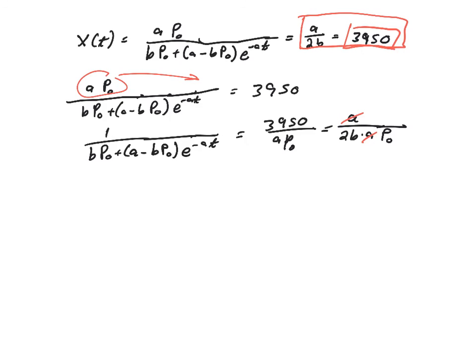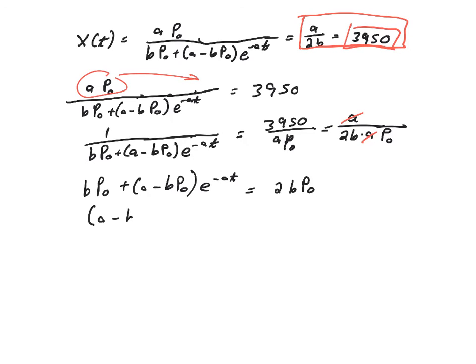So now I'm going to take the reciprocal of both sides. So I have B P naught plus A minus B P naught e to the negative AT is just going to be equal to 2B P naught. Then I'm going to subtract off B P naught from both sides. Hey, that's kind of cute.